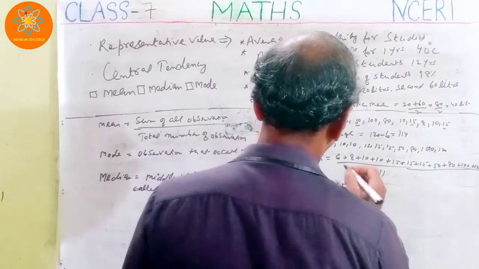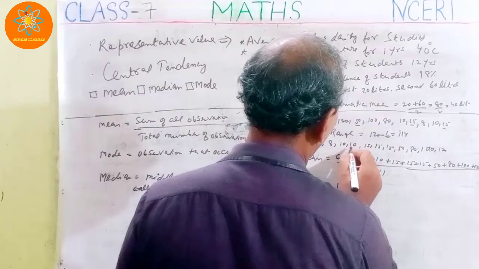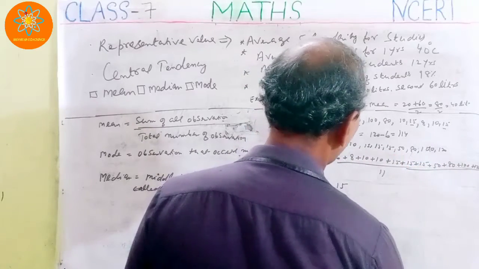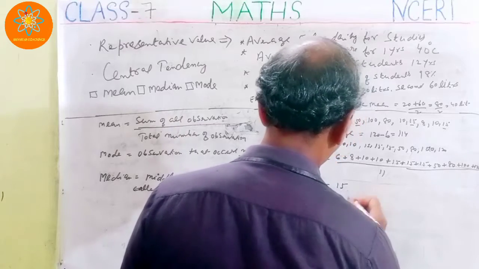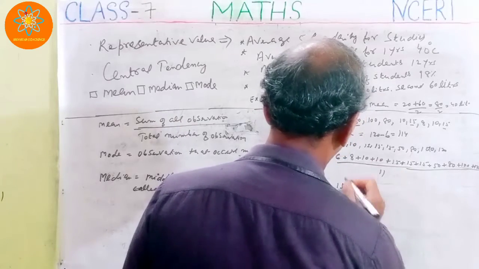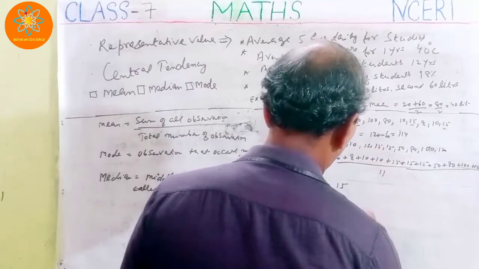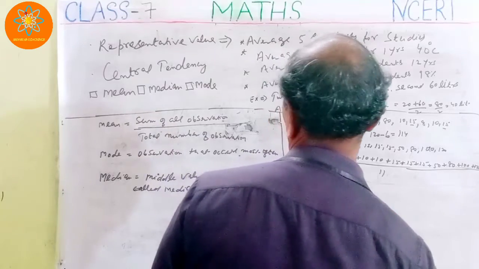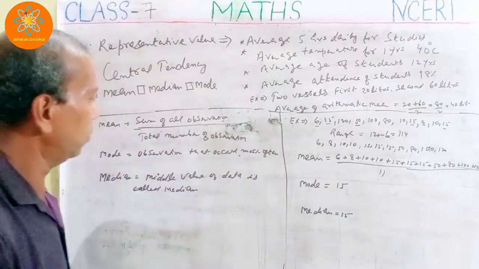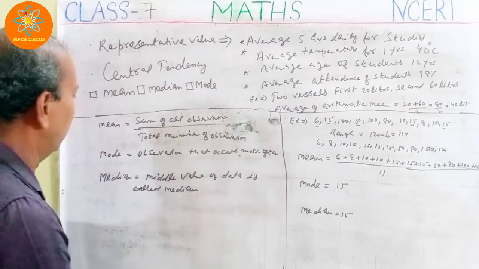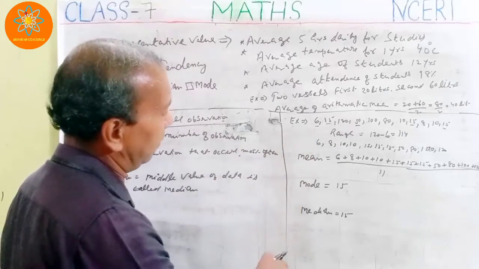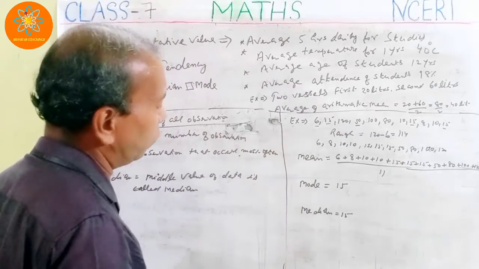So the sixth term is the median. 1, 2, 3, 4, 5 and 6. So the value of median is 50. So this is the definition of mean, mode, median, and this is one example to find them.